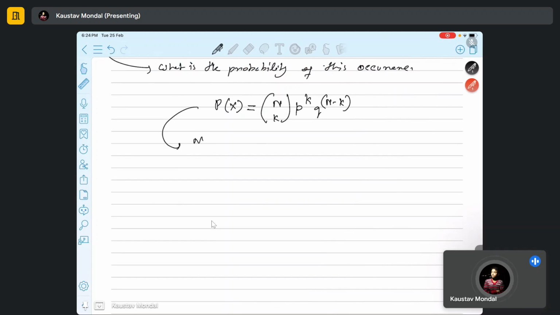According to this formula, n will be equal to 4, k will be equal to 3, p will be equal to half, that is stepping forward or backward.